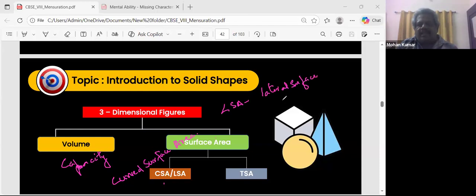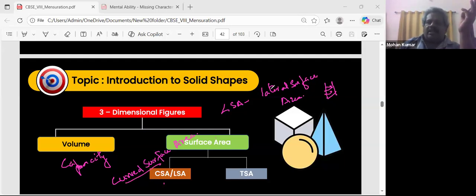Today when I was having a class, the students were asking me, sir, whether the curved surface area and the lateral surface area are the same. In mathematics, it is the same. But in a dictionary, the word meaning changes. For a cylinder, the curved surface we call curved surface area.